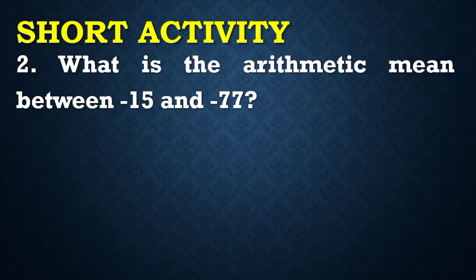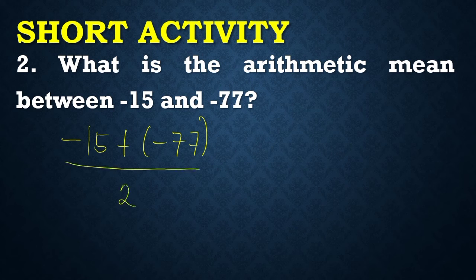If you're wondering bakit natin dinidivide sa 2, bakit hindi divided by 3, 4, 5, or any number? It's because dalawa lang naman kasi yung pinag-a-add natin na number. So, let's start. Negative 15 plus negative 77 divided by 2.